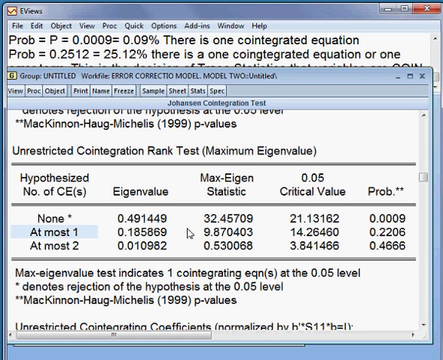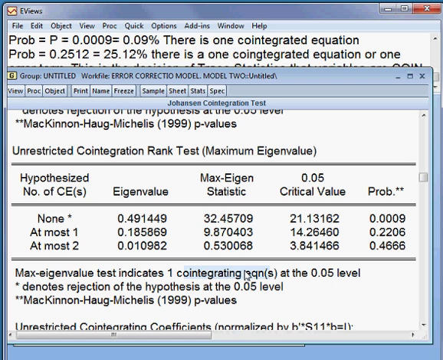Okay, the decision is given here already. You can see from here: the max eigenvalue test statistic indicates one co-integrated equation, meaning that the variables are co-integrated.